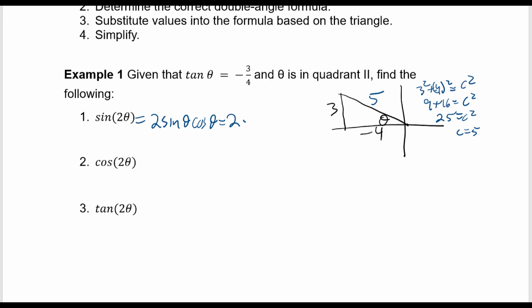So it's 2 times 3 over 5 times, and cosine is going to be negative 4 over 5. So we end up with 2 times 3 is 6 times negative 4 is negative 24, and 5 times 5 is 25. So negative 24 over 25.